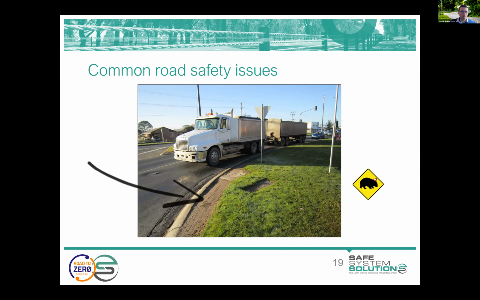And I'll point out that it is nearly always the rear axles of longer trucks and articulated vehicles that end up in these areas. The driver will take a path where the front of the vehicle is within its lane, but due to the cut-in effect that longer vehicles experience, the rear axles will track inside the front of the vehicle.